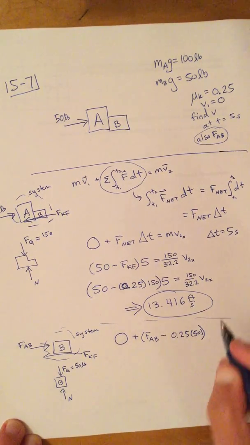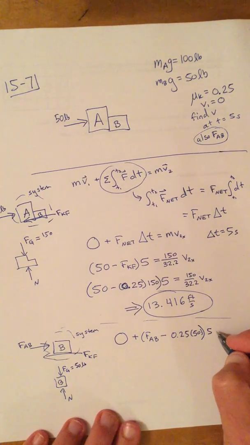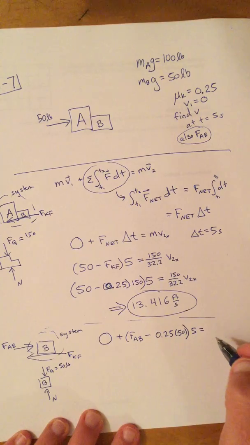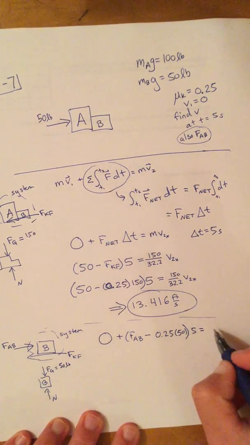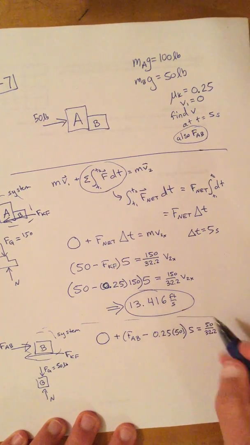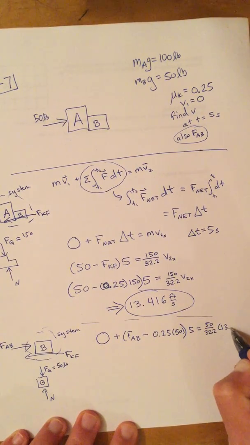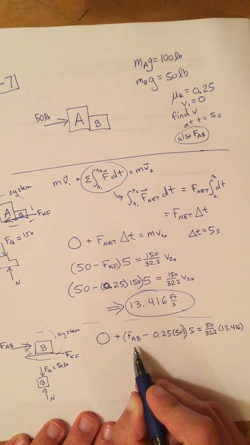That's the net force times delta t, which is still 5 seconds, equal to the mass of the system, crate B. The mass is 50 divided by 32.2, times V2. We found what that is, so now we can put this in and solve for F_AB.